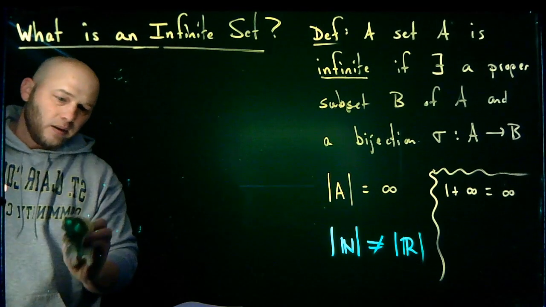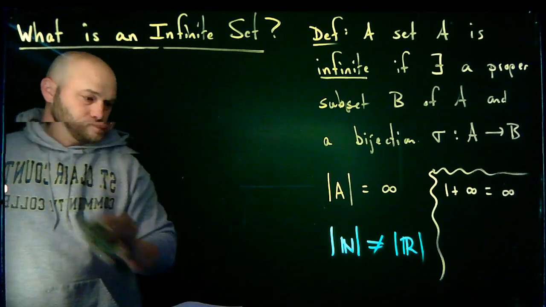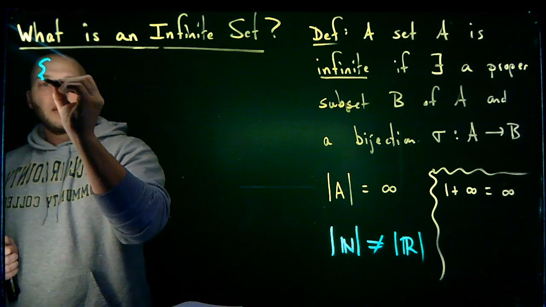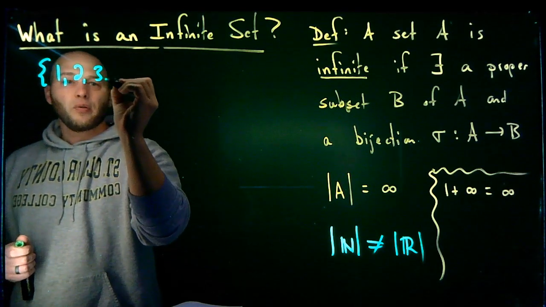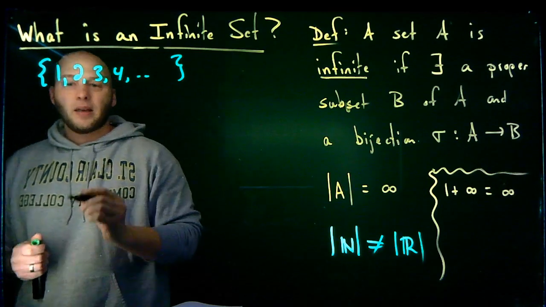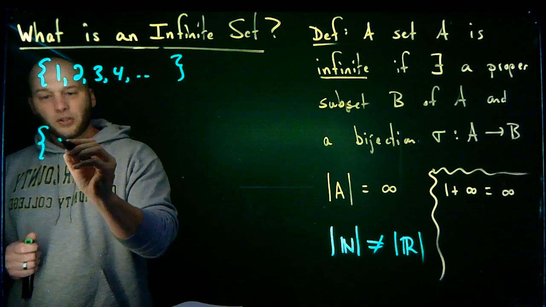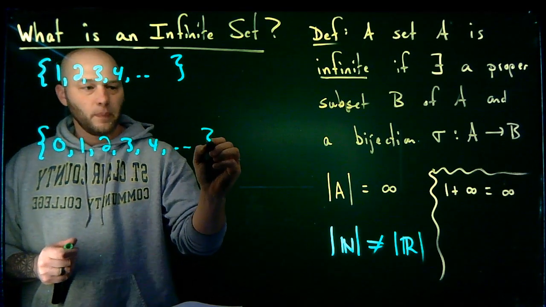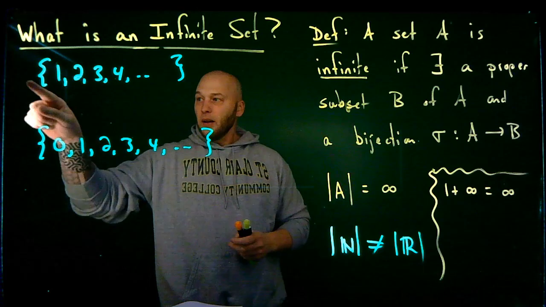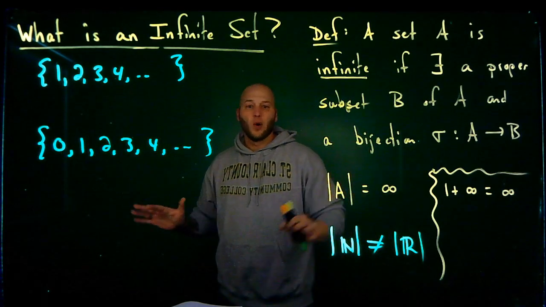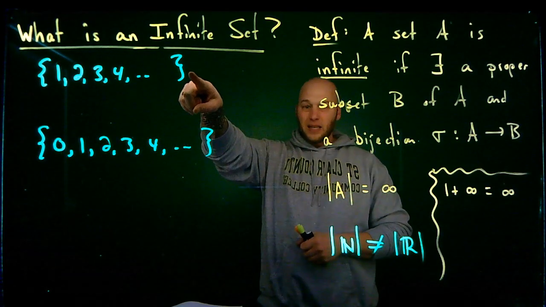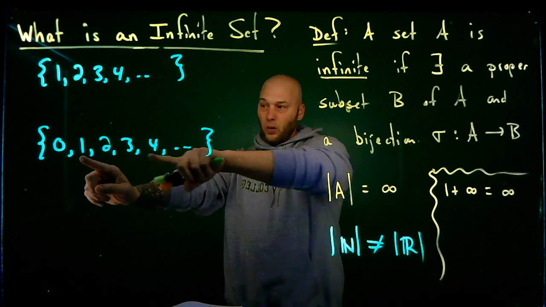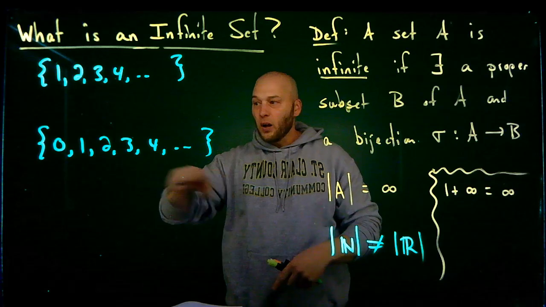Let's talk about it in terms of bijections between sets. So let's say I look at the set 1, 2, 3, 4, etc., and then I take a look at the set 0, 1, 2, 3, 4, etc. Well, we're going to talk very informally here, this set has an infinite number of elements. This has 1, 2, 3, 4, etc., but it also has 0.